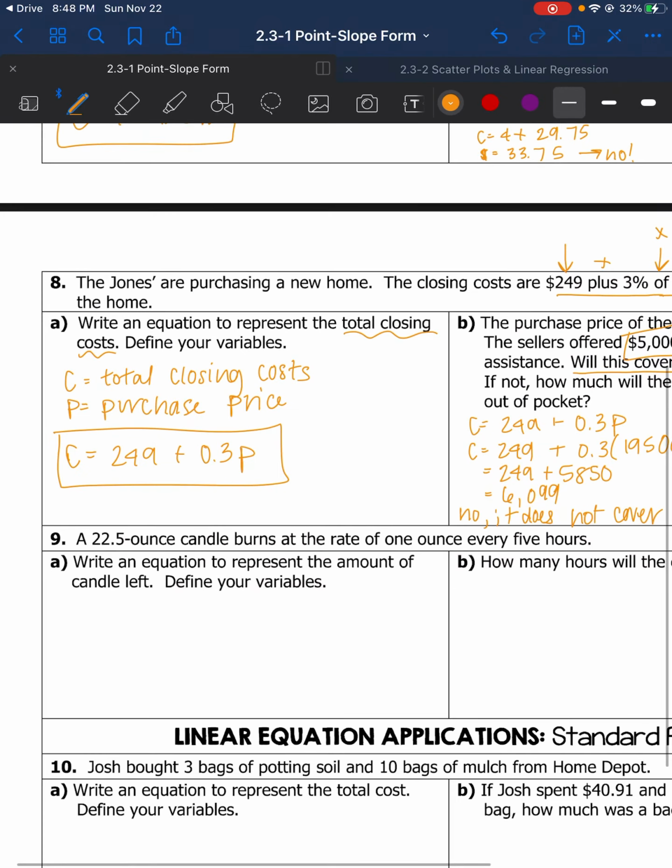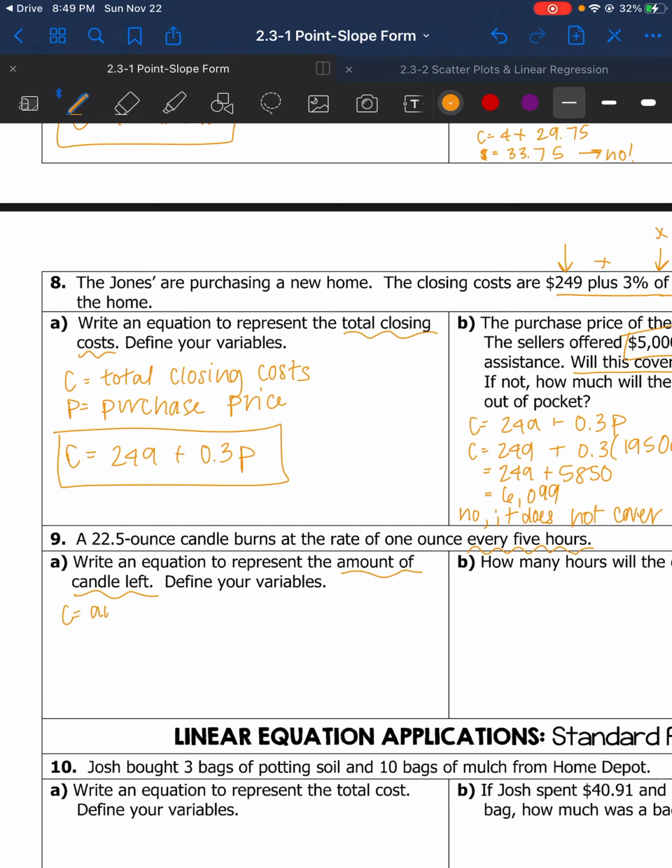All right, number 9. A 22.5 ounce candle burns at the rate of 1 ounce every 5 hours. Okay, every 5 hours seems like our independent variable here. Write an equation to represent the amount of candle left and define your variables. So we're representing the amount of candle left. That's our y here.